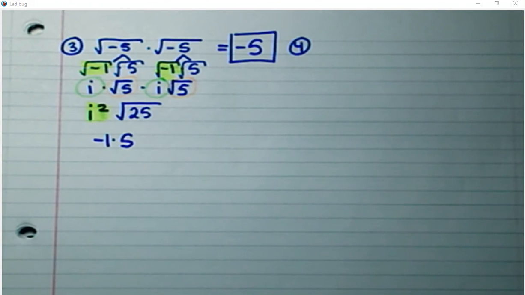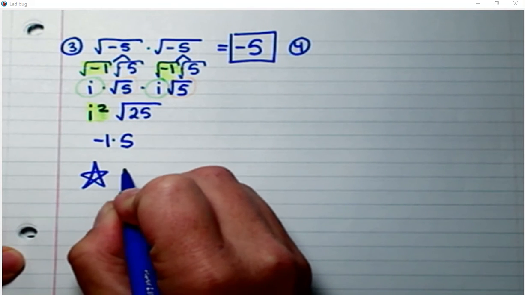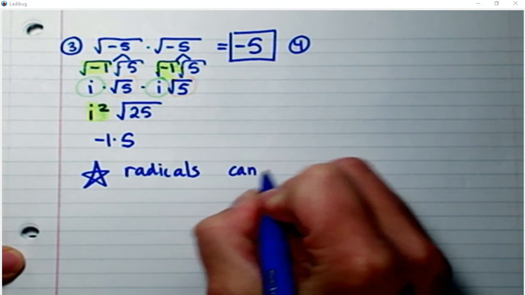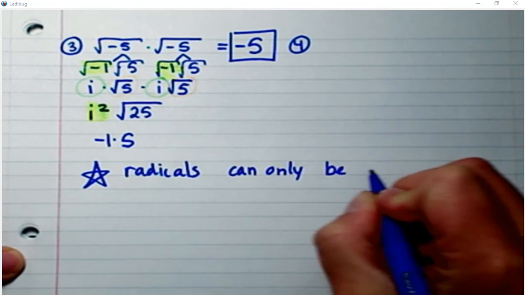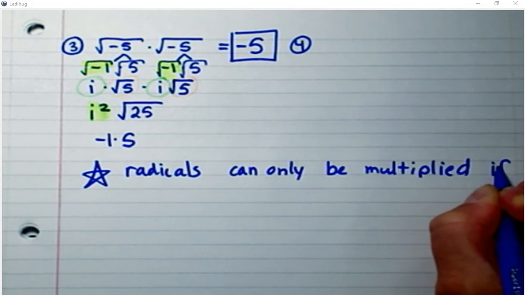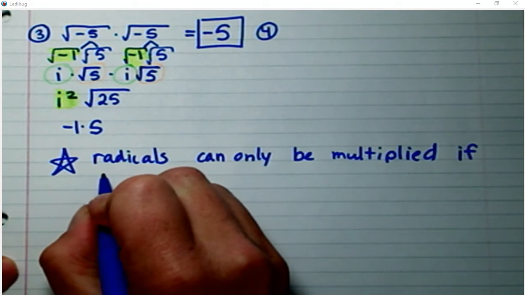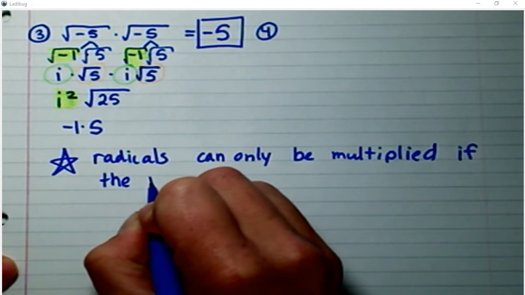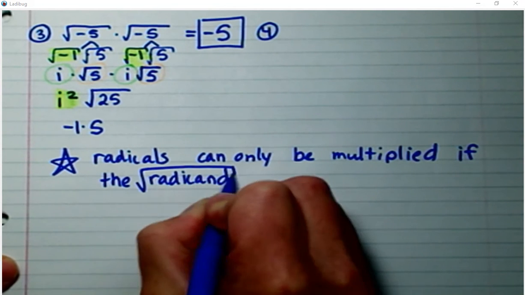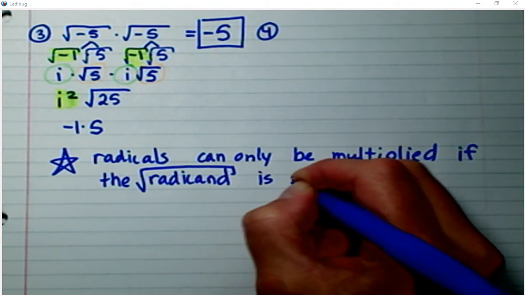Okay, so there is a rule. Radicals can only be multiplied if, we call this the radicand, that's the thing that's under the radical, the radicand is positive.